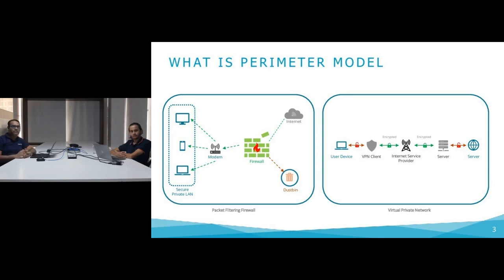As per the M-Trends 2021 report, they have collected some stats on two parameters. The first is internal detection. It means that the organization independently discovered that it has been compromised. And the second parameter was external notification.